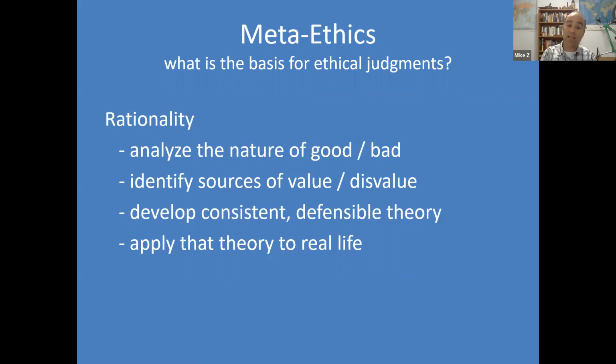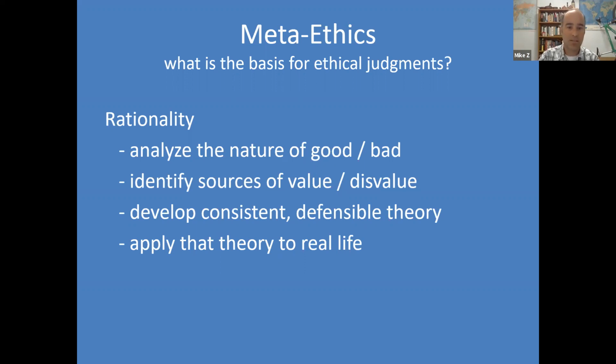Well, we analyze the nature of good and bad. What is it to analyze? Well, we think really hard about it. And like I said, we discuss it with our colleagues and we have debates and we try to justify our beliefs and we accept criticism and maybe we adjust our beliefs based on that criticism and we come to some kind of consensus as to what's really going on here.